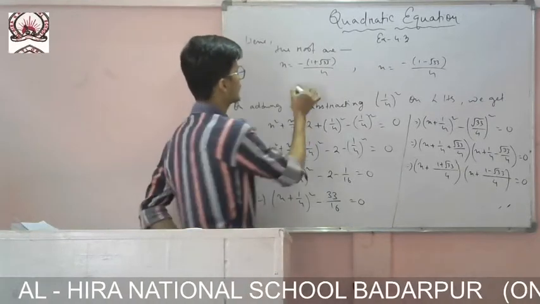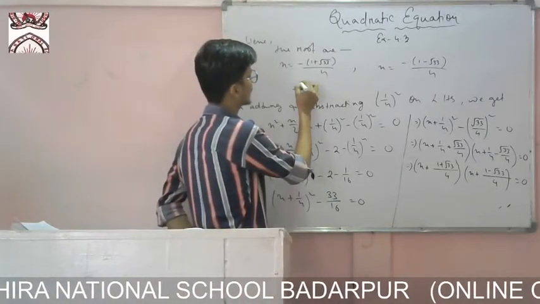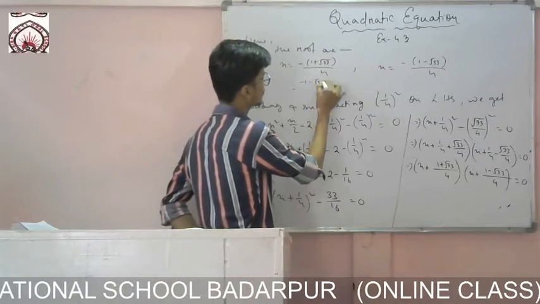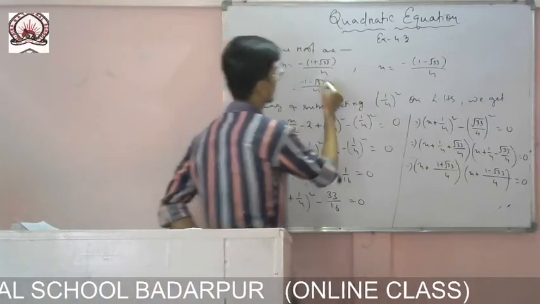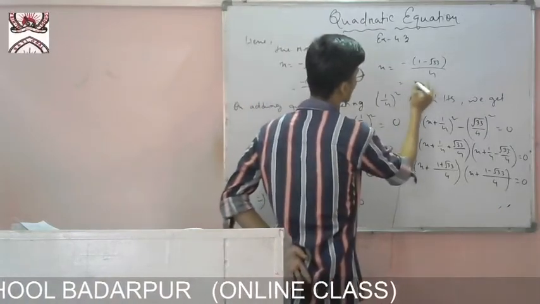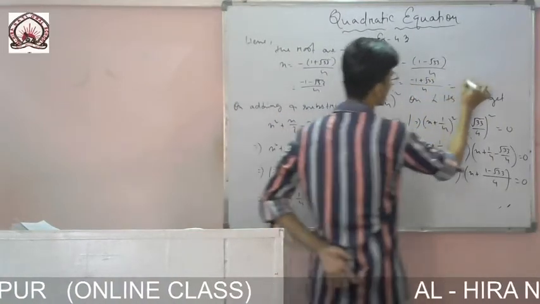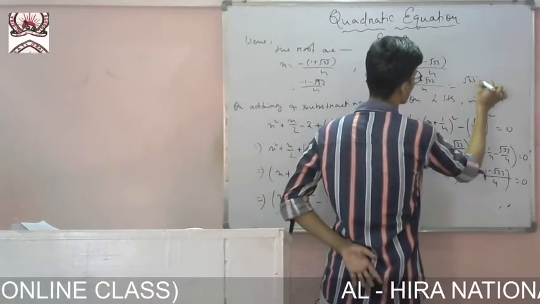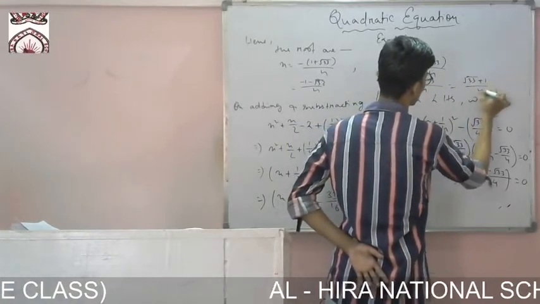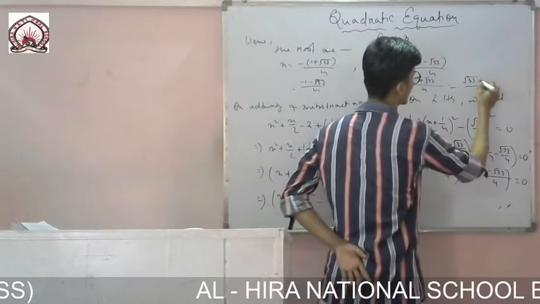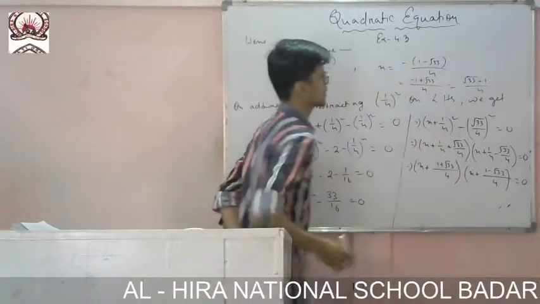So if I solve it, it will be minus 1 minus root 33 by 4, and that part will be minus 1 plus root 33 by 4. So which one can I write? Root 33 by 4 plus 1, sorry, minus 1. I am taking this minus 1 to that side.